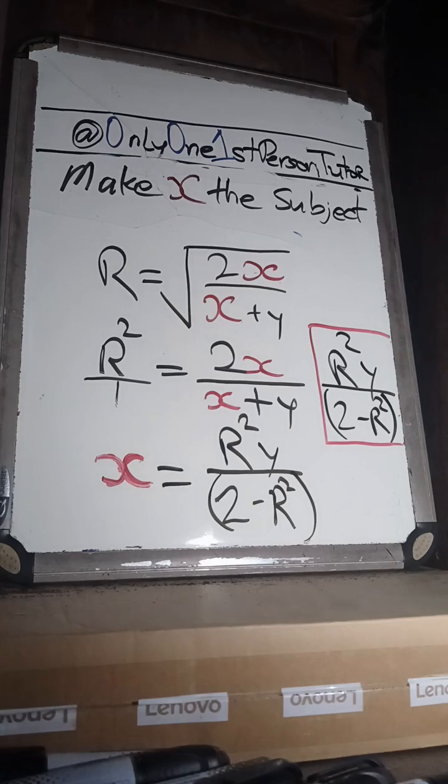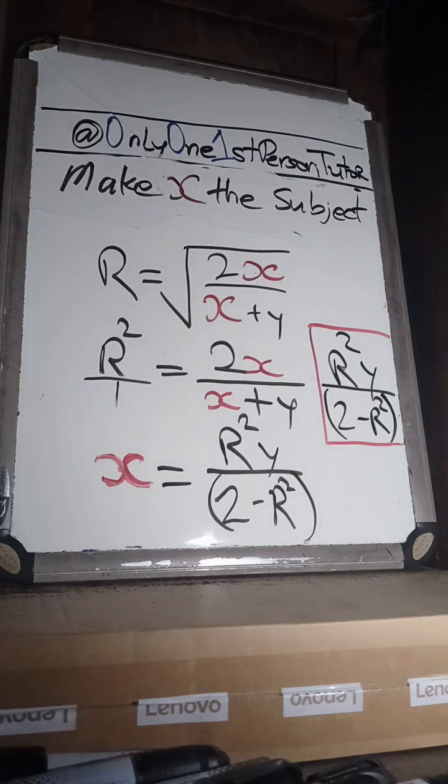Okay. So you end up with 2y upstairs. And then you'd have 2r squared y. Yes, 2r squared y divided by y.